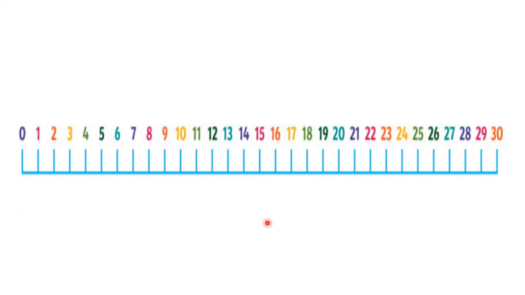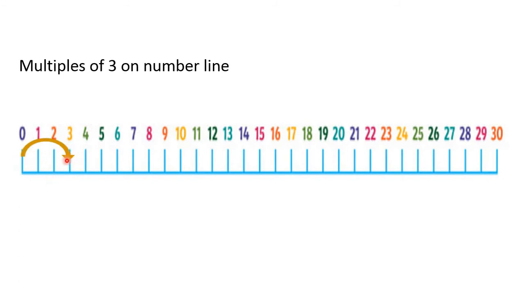Now let's place the multiples of 3 on number line. Again the number line is from 0 to 30. So here, in order to place the multiples of 3 on number line, we will skip count by 3's. So the first jump will be at 3 from 0, because 3 is the smallest multiple of 3.